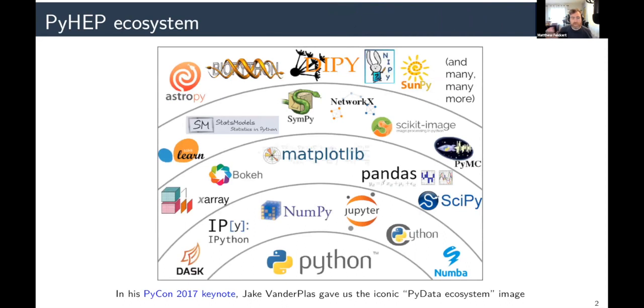So going on to slide 2, I'm going to first take a few moments to set the stage a little bit for how I'm thinking about the discussion that we're having here.